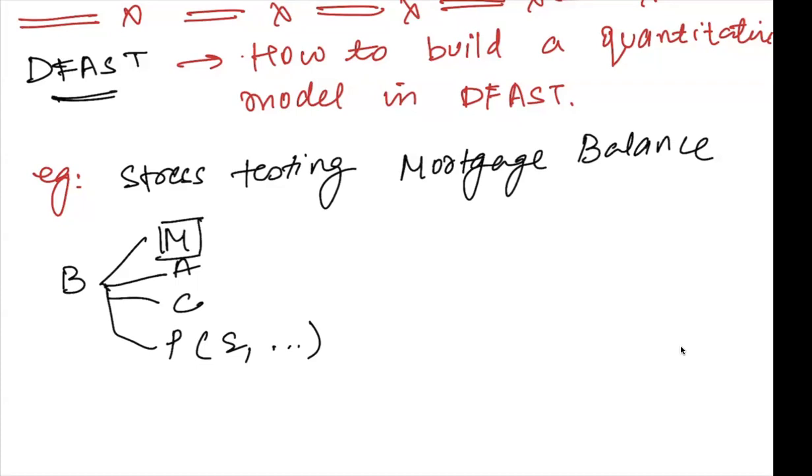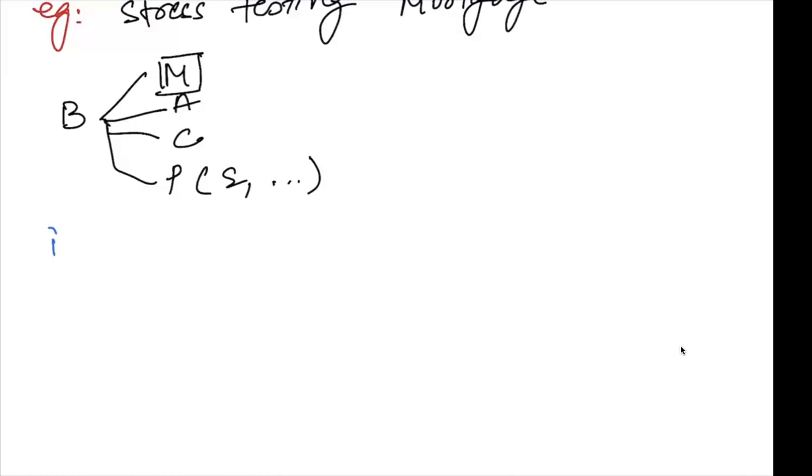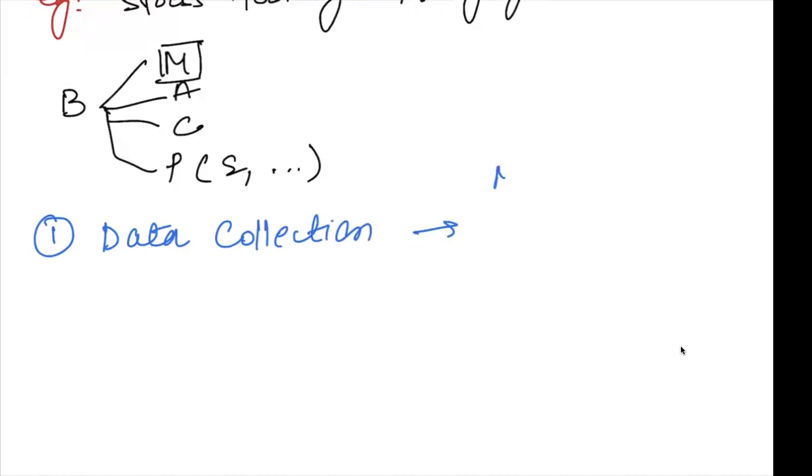I'll tell you what happens. The first thing that happens is data collection. Of course you'll ask respective stakeholders to give you the mortgage balance for the bank from the inception.